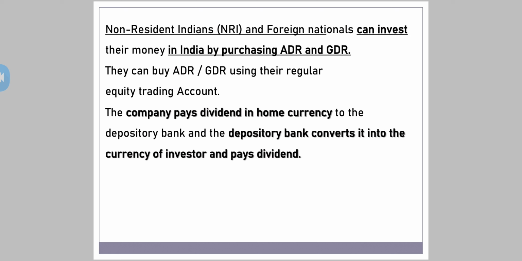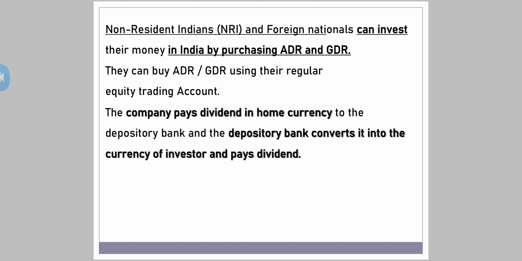See, non-resident Indians and foreign nationals can invest their money in India by purchasing ADR and GDR. They cannot buy the shares directly. They can purchase ADR or GDR if they want to invest in an Indian company. They can buy ADR and GDR using their regular equity trading account. This equity trading account is nothing but the demat account, which we are going to study in a further chapter.